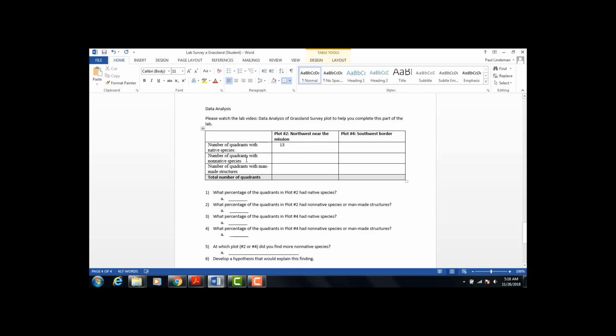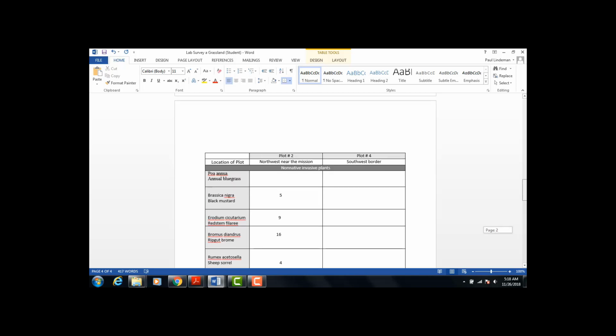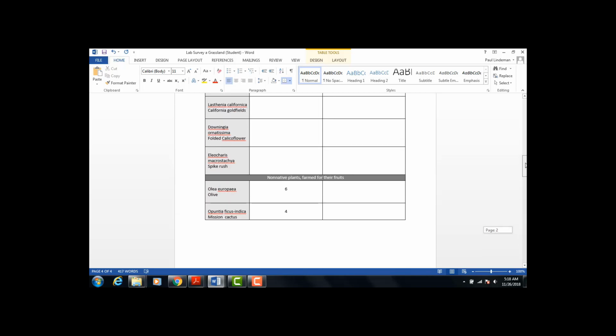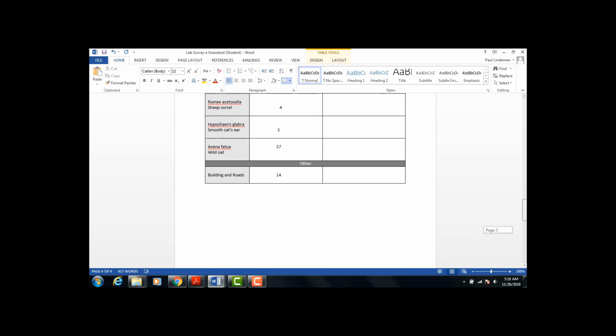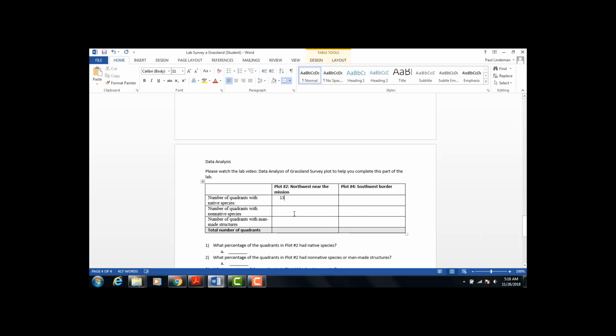And then you do the same thing for the non-native species. So you go back up to your data and you count up the non-native species and you record that number, and obviously it's going to be much bigger. And if I did that right, that would be 73.